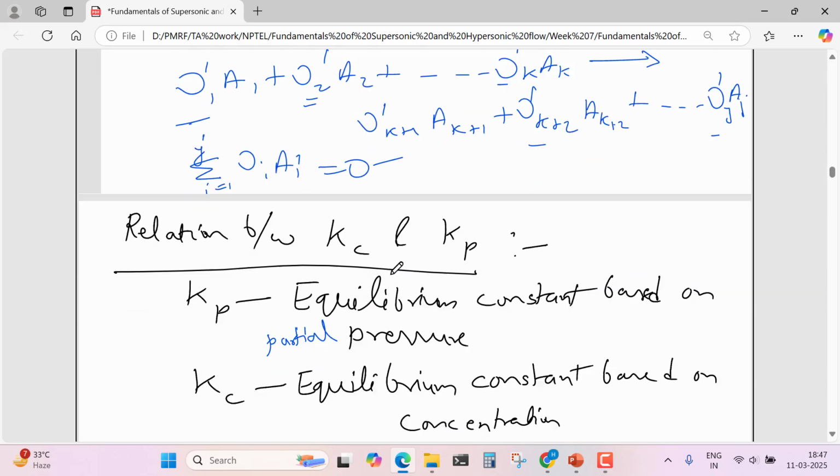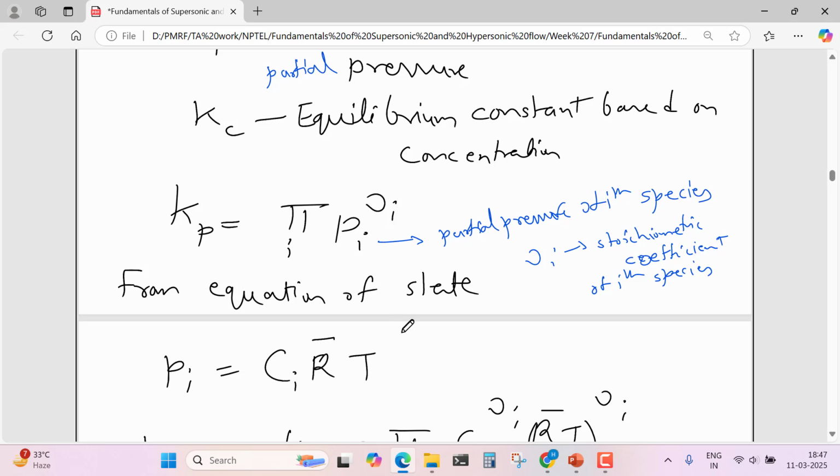To differentiate between a specific gas constant and the universal gas constant, I am using a bar on top of R for the universal gas constant, so that there is no confusion.